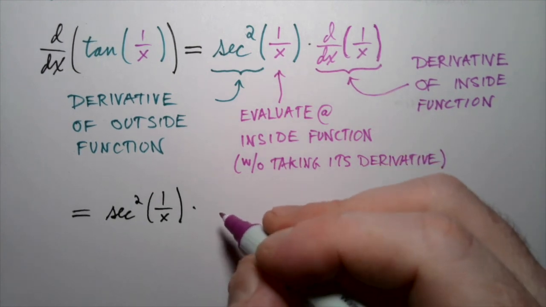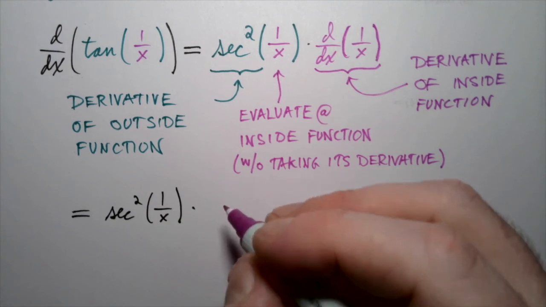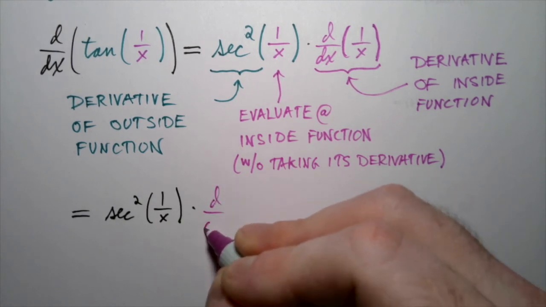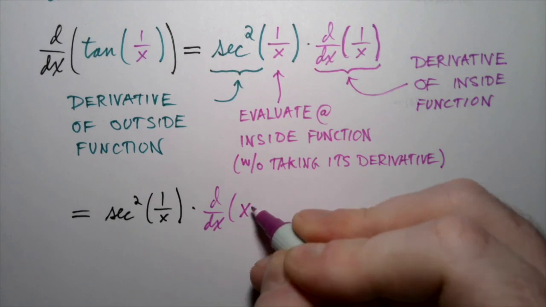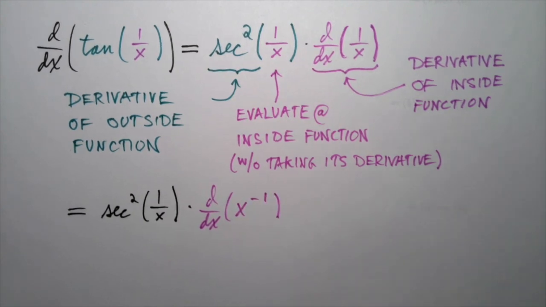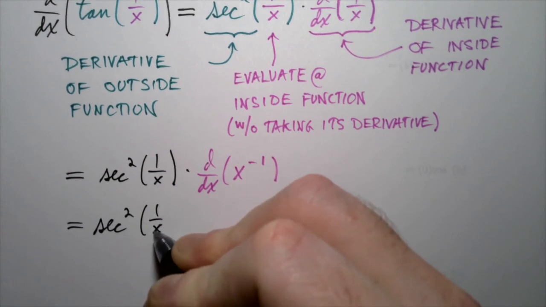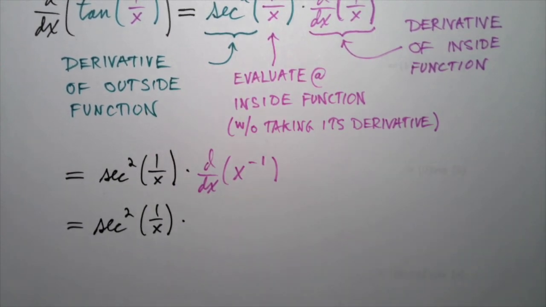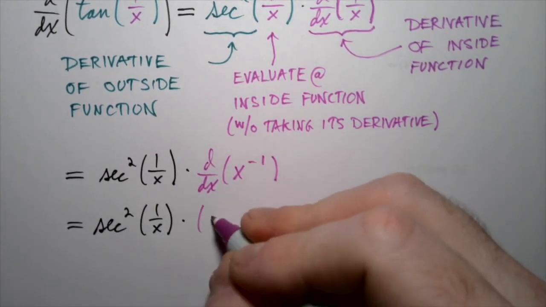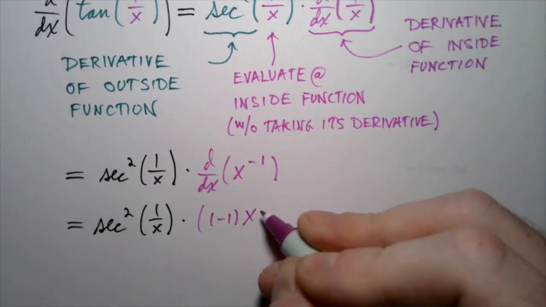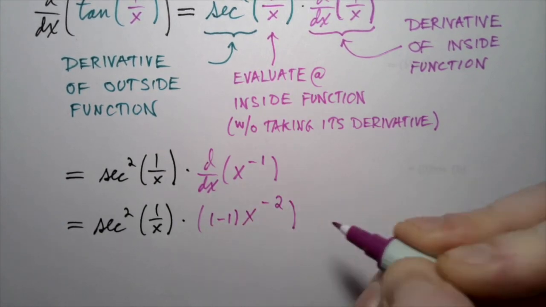Well, thinking of 1 over x as x to the minus 1, here I'll write that step. It's always good to remember how that works. I rewrite 1 over x as x to the minus 1. And then I can use the power rule to evaluate that derivative. What do I get? I bring down the minus 1, and then I subtract 1 from the exponent.